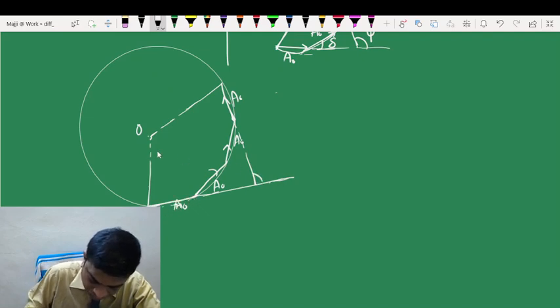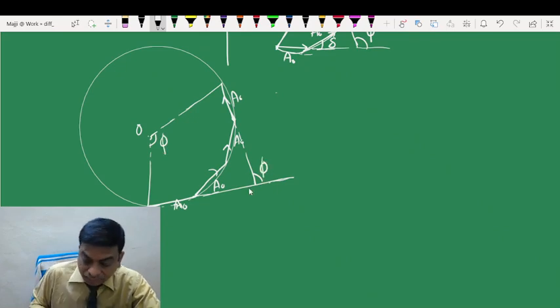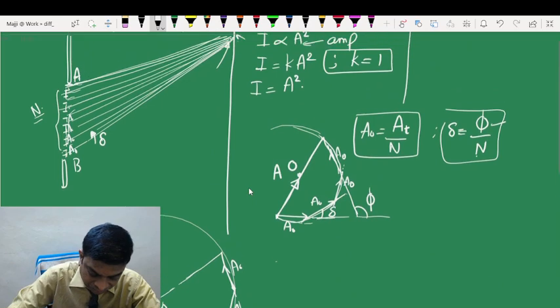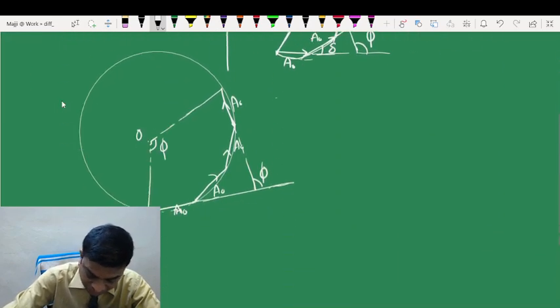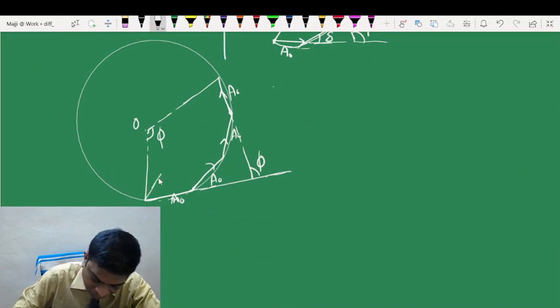So this will also be phi, the total angle. Here phi is the phase difference between the extreme edges of the slit.